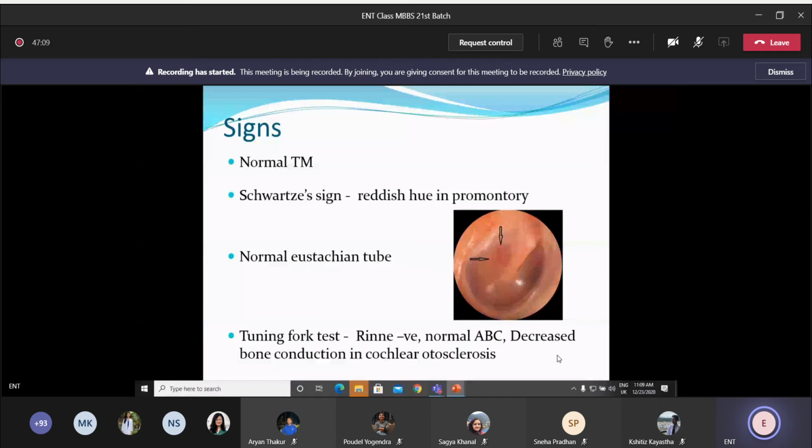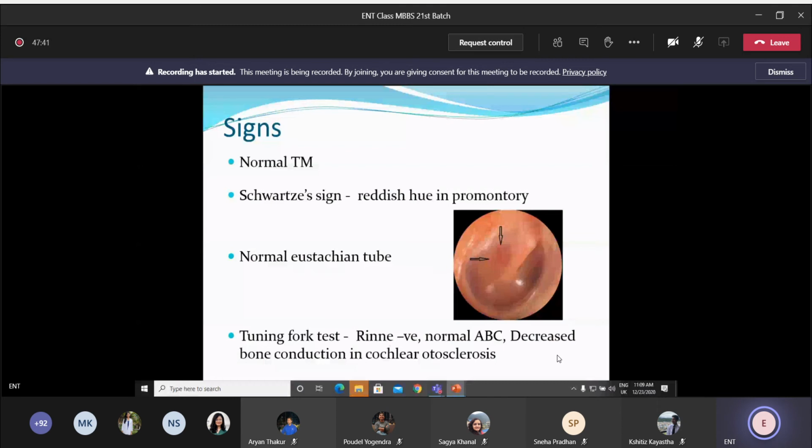You would see a reddish hue over the promontory, as the arrows are showing, and the eustachian tube would be functioning normally. And if you do a hearing test with a tuning fork, you would get Rinne negative, and a normal ABC test, but decreased bone conduction in case of cochlear otosclerosis.